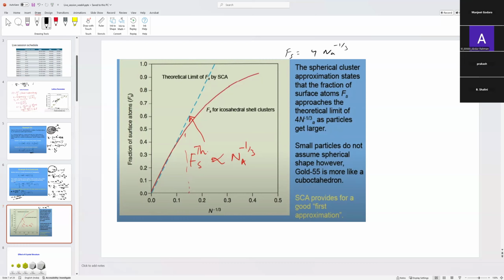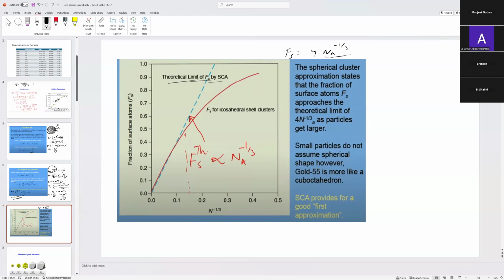So the relationship between Fs and this should be linear. This is a theoretical calculation.